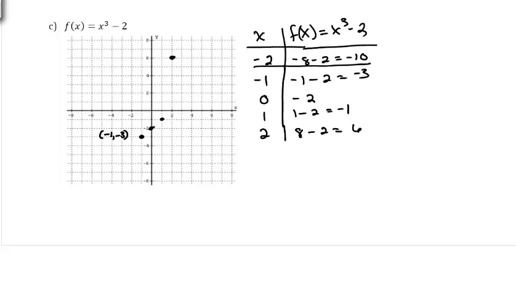So what this graph really looks like is half of a parabola opening up on this side and half of a parabola opening down on this side. And we also had this point (-2, -10) that we didn't put on here because the point was down here off my graph. Okay. So that's the general shape of this graph. This is the point (2, 6), and this is the point (1, -1), and we have that point labeled, and (0, -2).